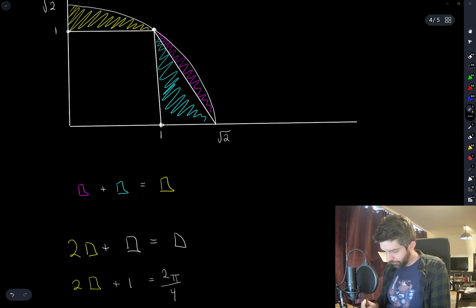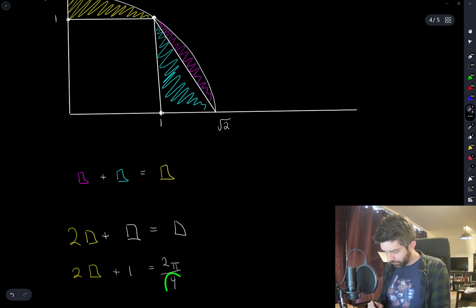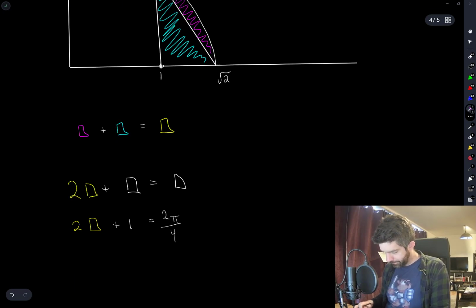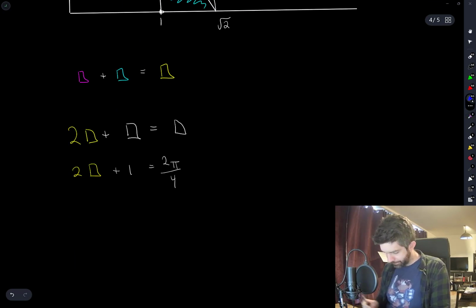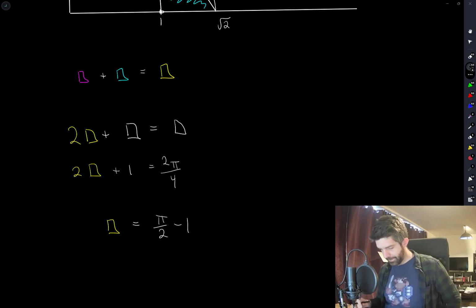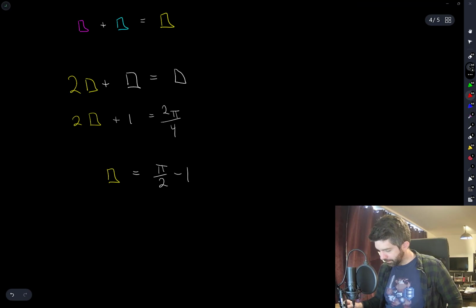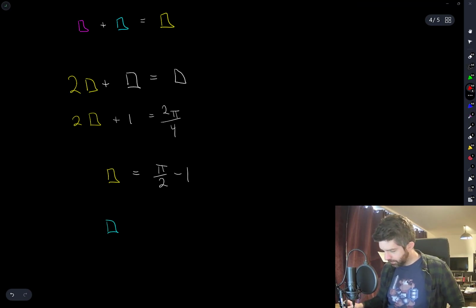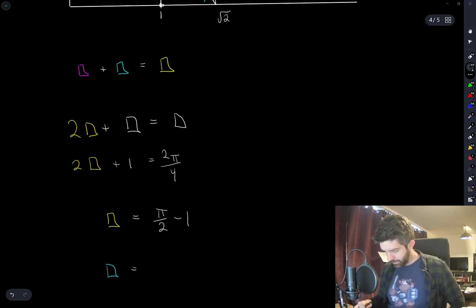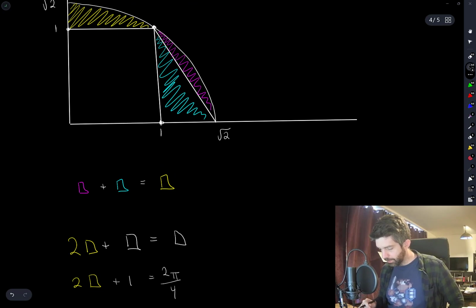So the radius of the circle is root 2. So pi r squared is 2 pi. We divide by 4 because we have a quarter circle. And so this tells us that the yellow area is pi over 2 minus 1. And the blue area, it's just a triangle, base times height over 2.